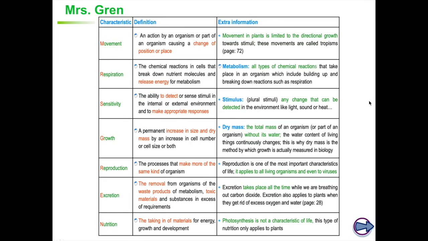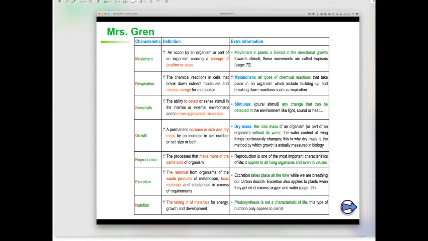Now this is taken from my textbook. This is actually the very first page of the textbook. You can see here that we've got all of the 7 characteristics, and I've also added some extra notes on the right hand side. For movement, in plants it is directional growth. What does directional growth mean?